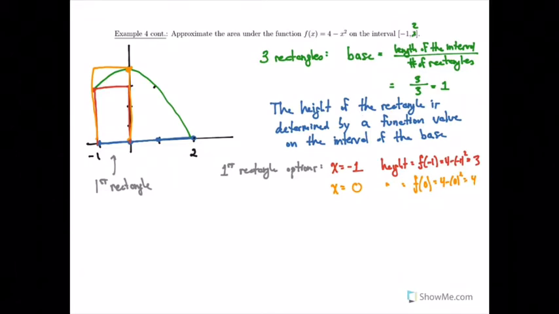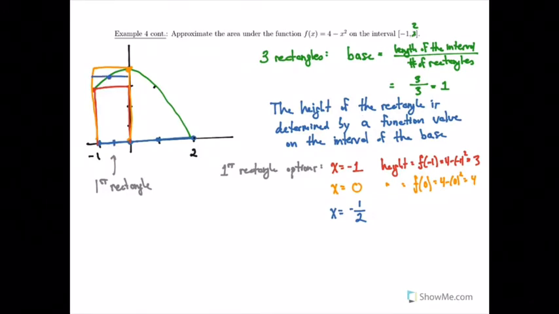And there's more options than that we could choose. Another common one could be, how about x equals -1/2, halfway in between those values. And we could go up to the function value at -1/2.